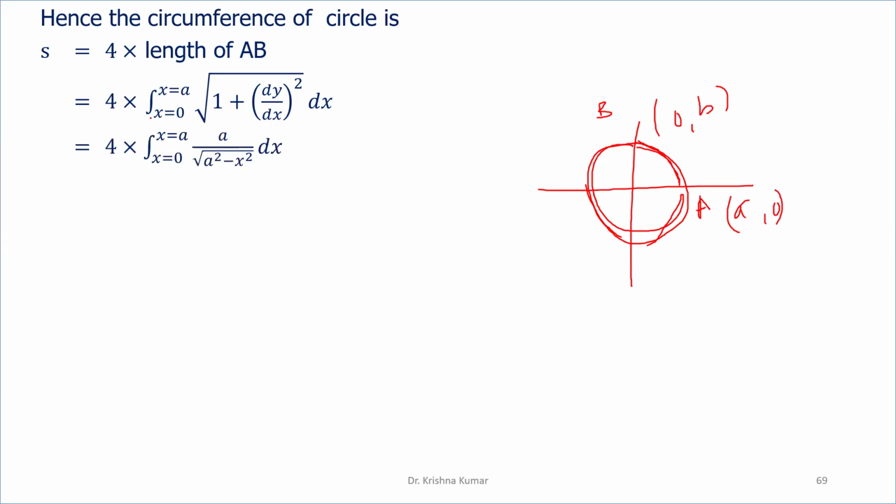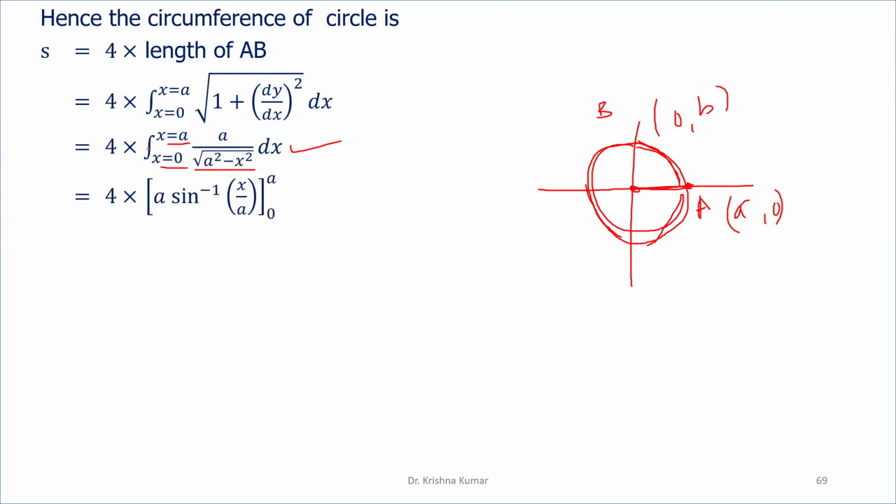So 4 times the integration. What is the limit? The limit is from x equal to 0 to x equal to a. Here 0 and here a. So the limit is from x equal to 0 to x equal to a of a upon root over a square minus x square with respect to x.